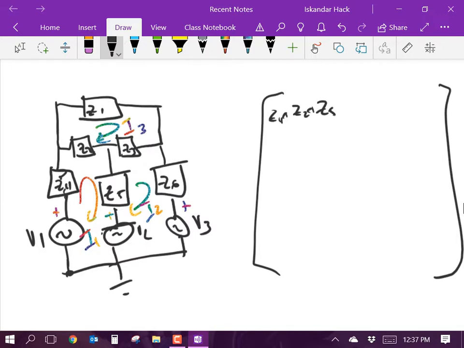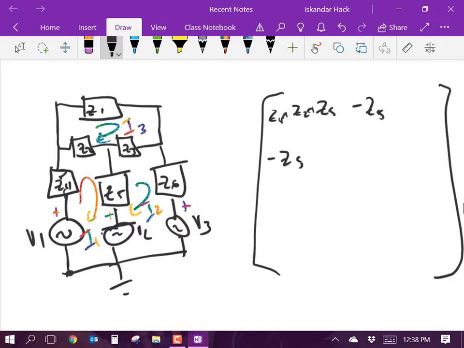Between loop 1 and loop 2, I've got 1 impedance, Z5, so that's going to be minus Z5 here. And since it's symmetrical, I'm going to put minus Z5 here too, saving myself a little time.